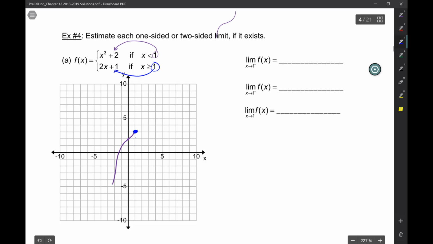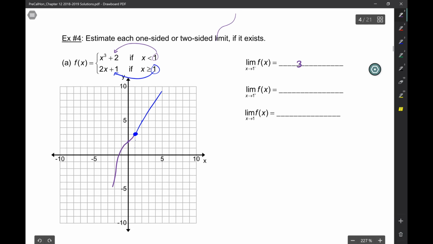When open and closed lie on top of each other, you just close it. And then it's a slope of positive 2. So what's the limit as x approaches 1 from the left-hand side? 3. And from the right-hand side? And the limit is 3. Okay.